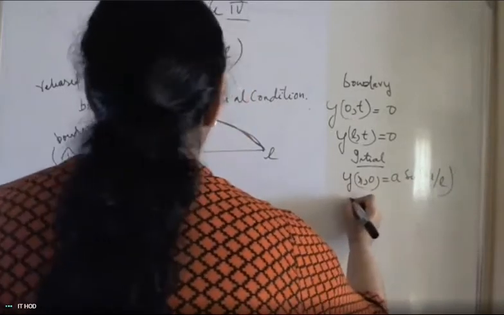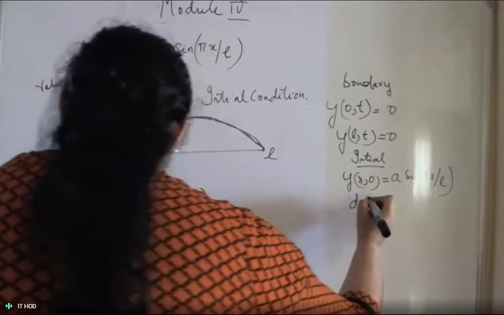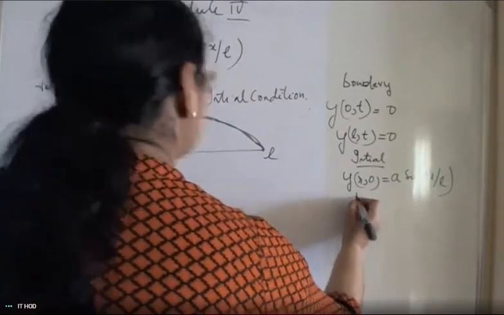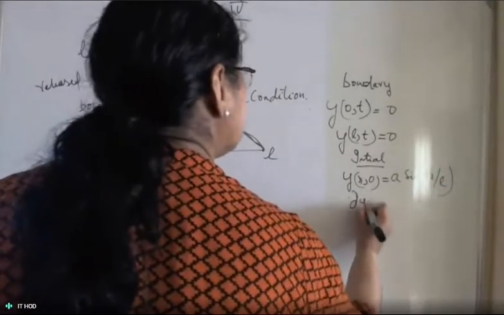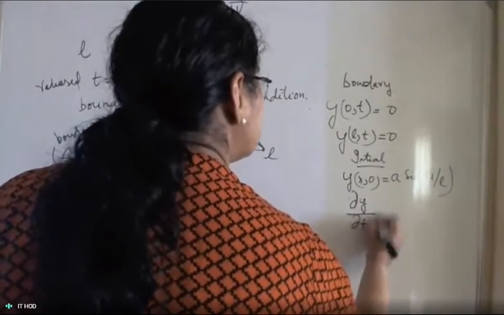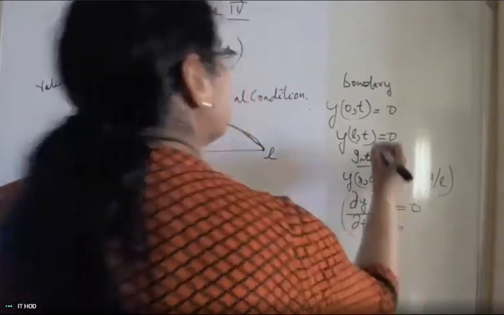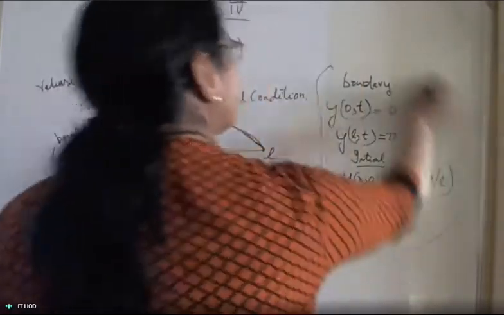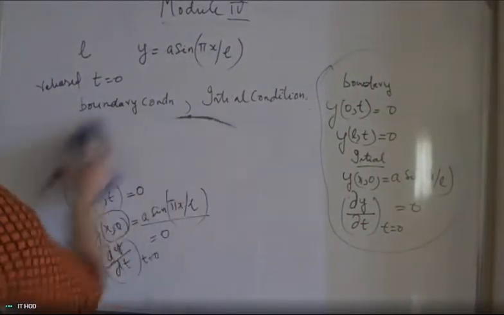And we have the partial derivative, dou y by dou t, not the ordinary derivative, at t equal to 0. This is equal to 0. So these are important. Once you have that, you can start doing the problem.